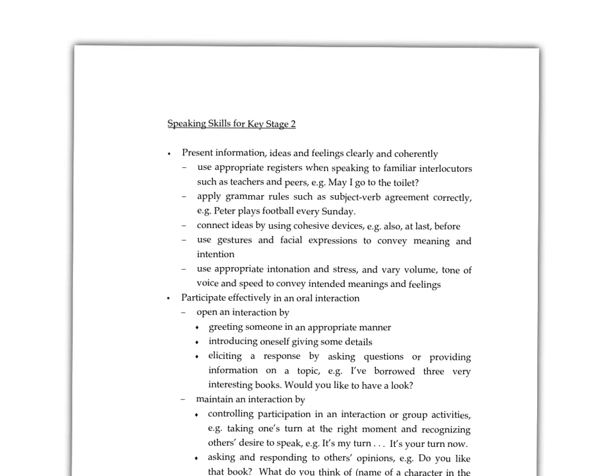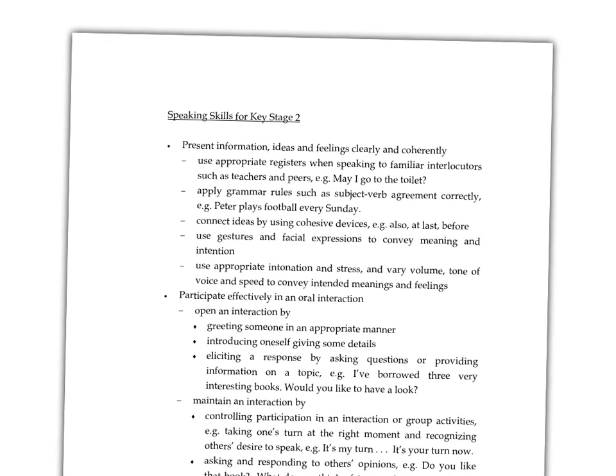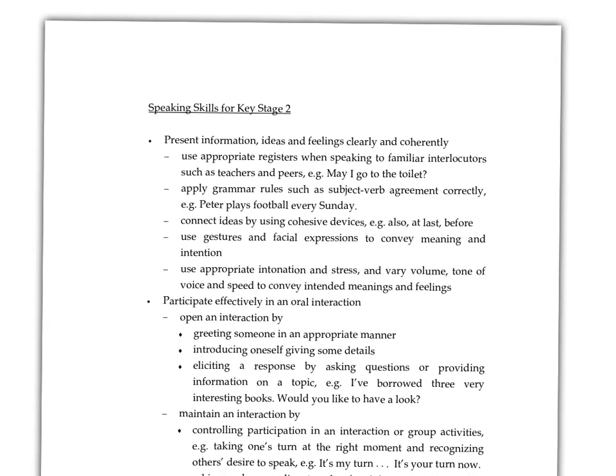And in terms of skills, well, you will remember that there are 4 sets of skills: listening, speaking, reading, and writing. And these are speaking skills for Key Stage 2. Key Stage 2 is P4 to P6. So let's just look at a couple of examples.